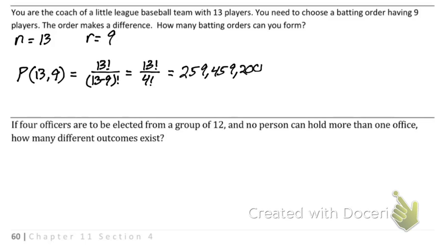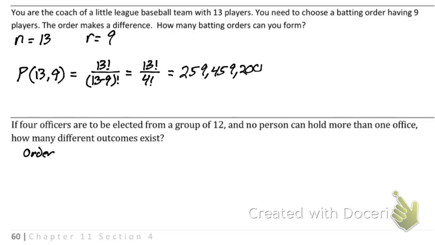All right, next one. If 4 officers are to be elected from a group of 12 and no person can hold more than 1 office, how many different outcomes exist? Order matters for this, and I want to show you exactly why order matters.